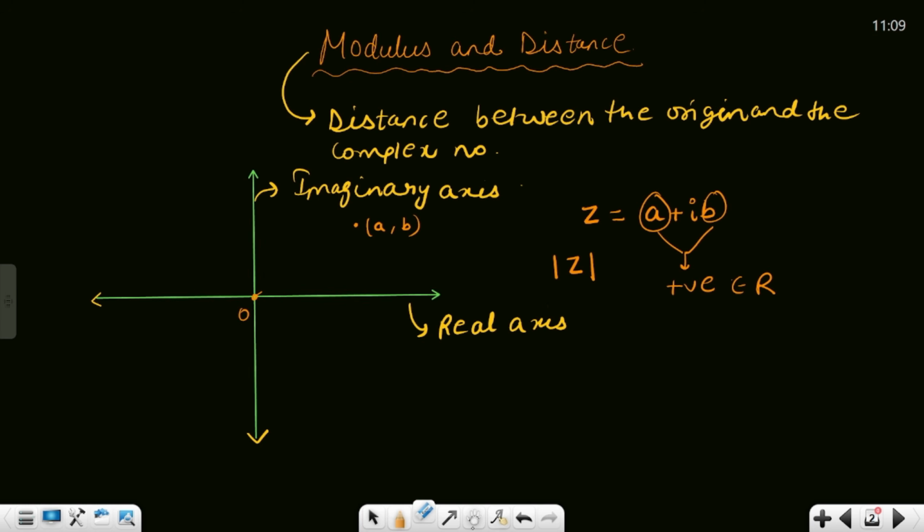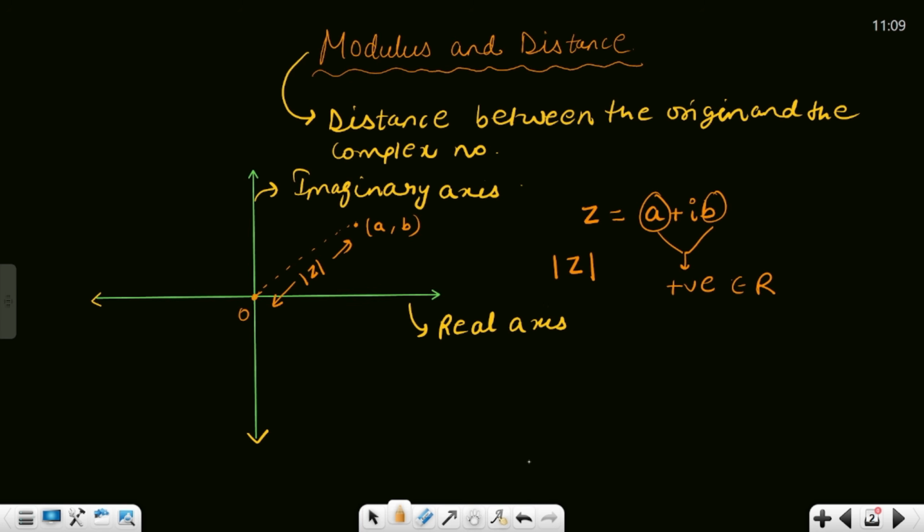See, this is our distance between the origin and this point a comma b. This will give me the modulus of z.